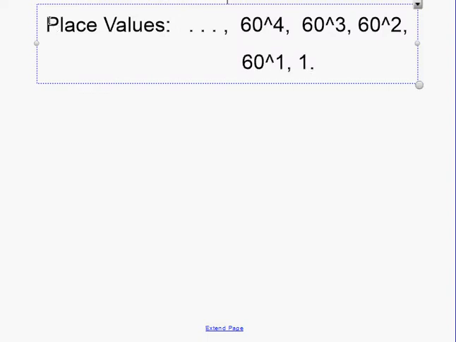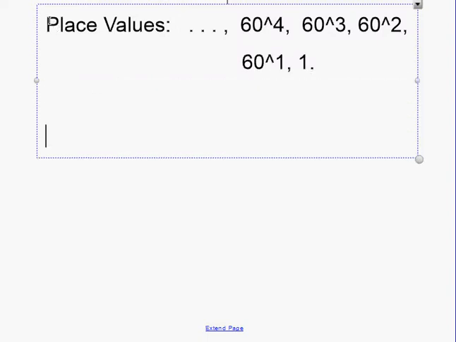Now, let's take a look at a symbol of a number in the Babylonian system. Suppose we have the following symbols.